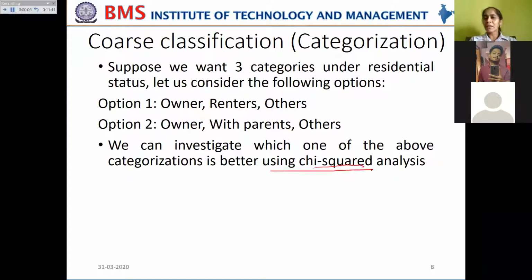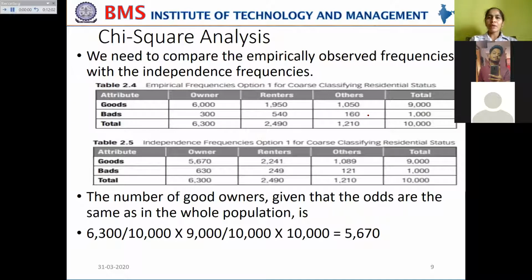Let us use this technique to find out whether this categorization of the parameters is beneficial in better prediction of the outcome variable.